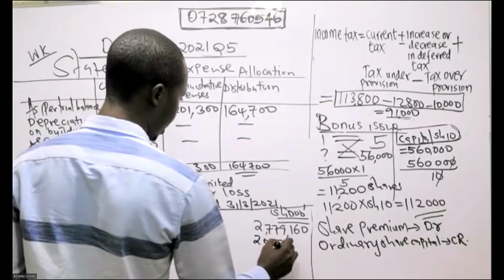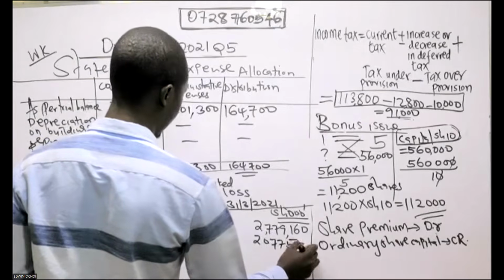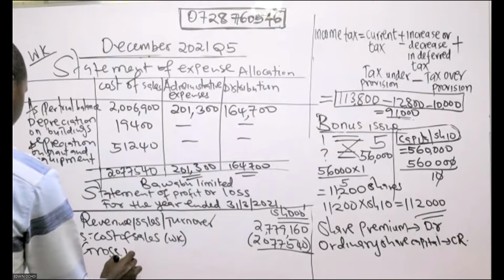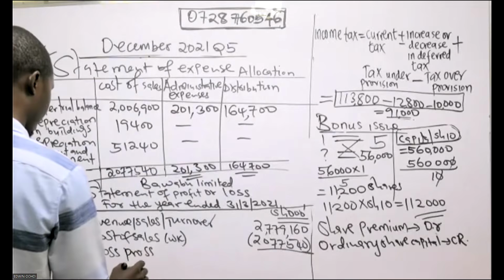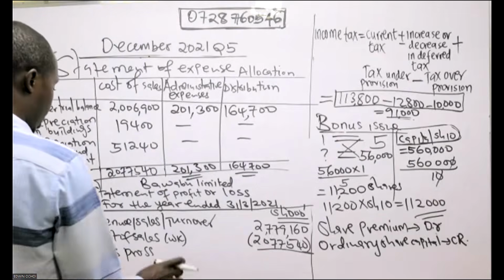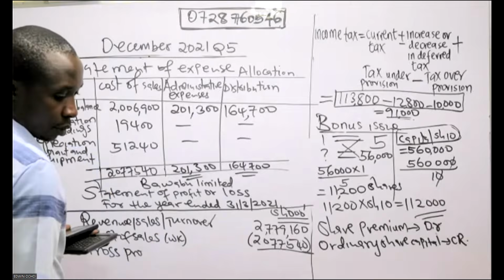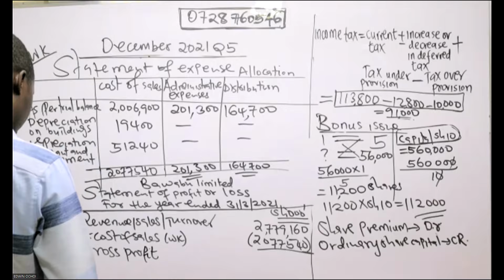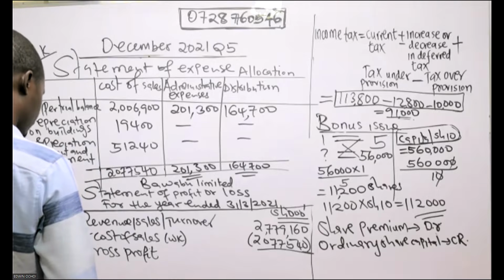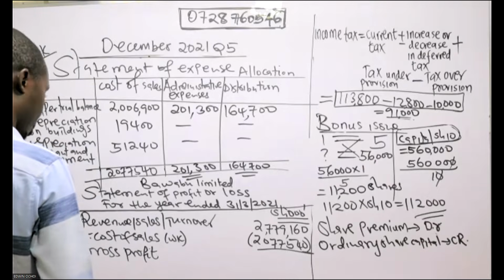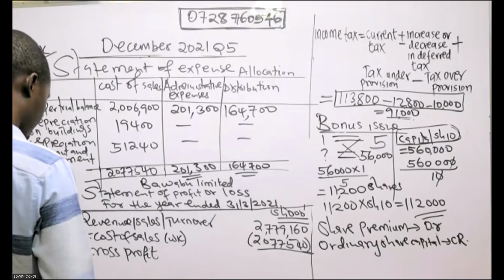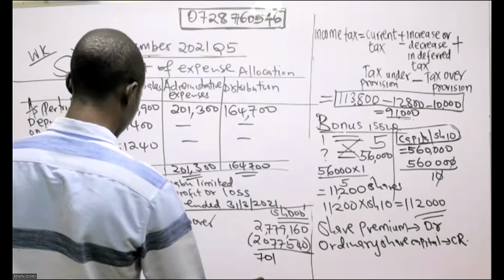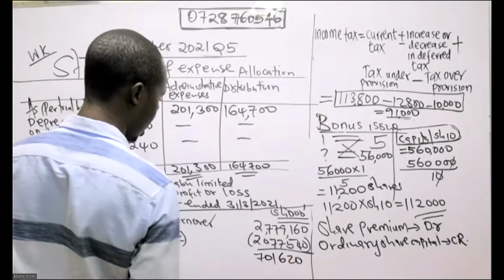We have 2,077,540, so that here we have a gross profit of 701,620.